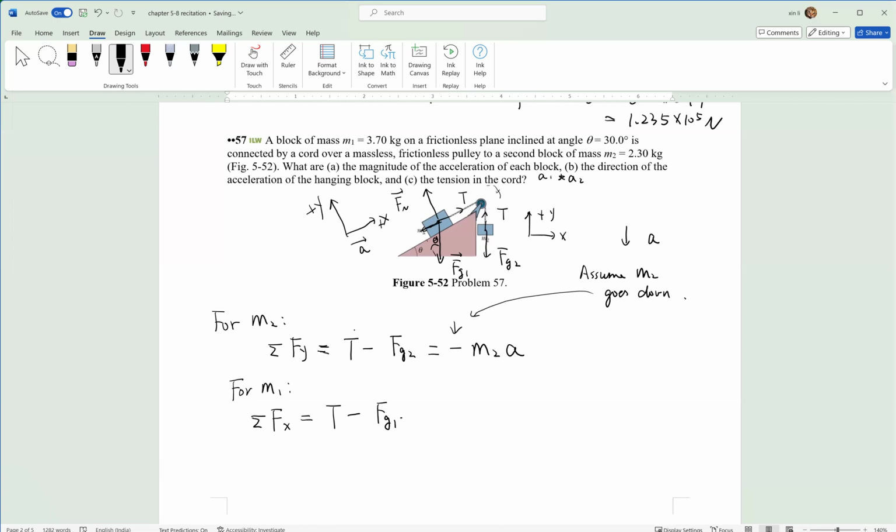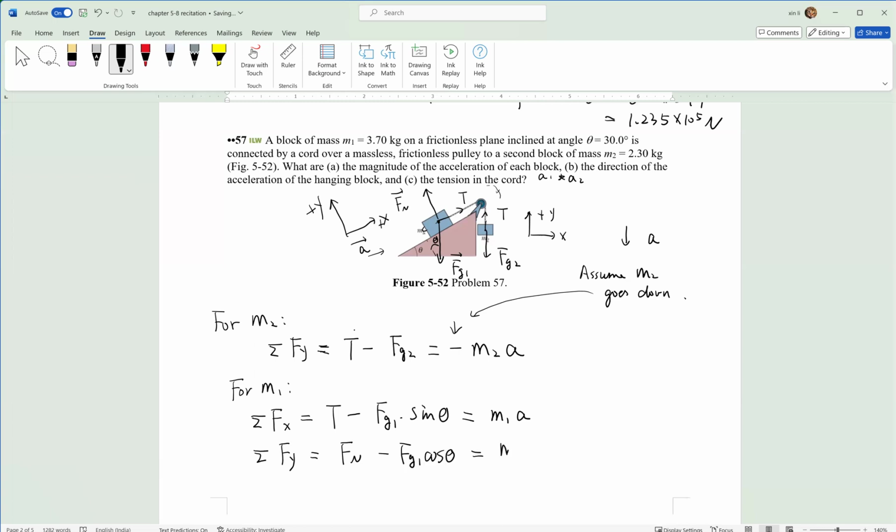You shouldn't draw this in your free body diagram, okay? But this is the x component of our gravitational force. So here we assume our acceleration goes this direction, so it equals m1a.